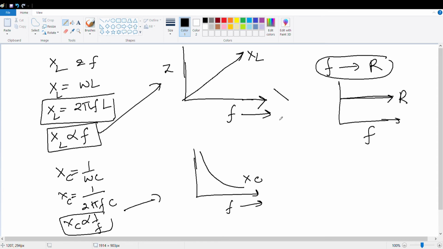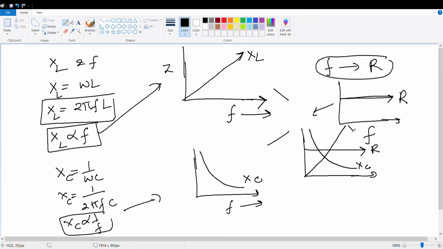So these three graphs I am merging and writing in one graph. Is it clear?